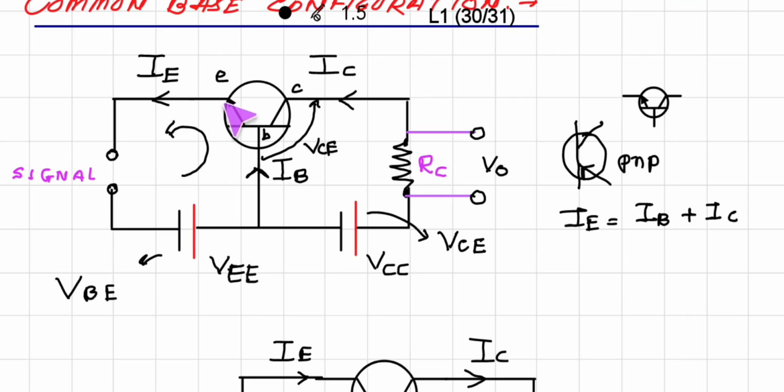So emitter current flows in this direction, base current flows in this direction. Similarly here this is positive, so conventional current direction is this. Current starts to flow from higher potential to lower potential, so this is IC. So IC is coming this way, IB is coming this way, from these two terminals, and the total current IE goes in this direction. So we should remember the relation IE is equal to IB plus IC.